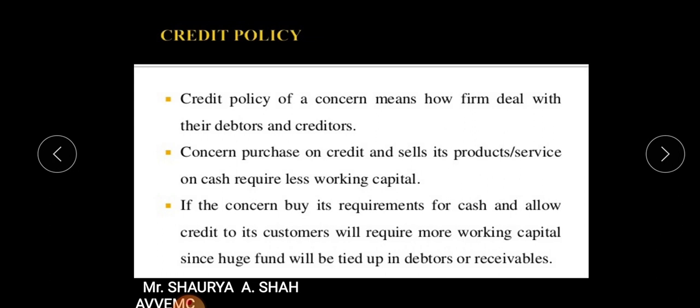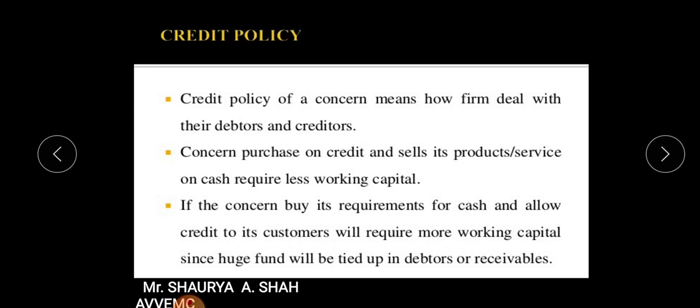Say for example, I am purchasing 100 rupees on credit, but I am selling for 50 rupees cash, right? So 100 rupees credit I received and 50 rupees cash I received, so I have a net effect of 150, right? For example, if I am paying 100 rupees to the creditors, but giving debtors 200 rupees credit for my sales, right?